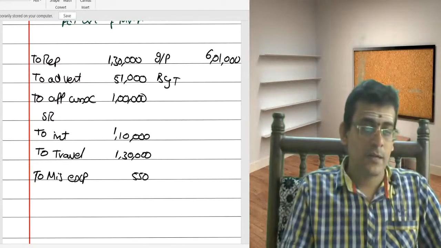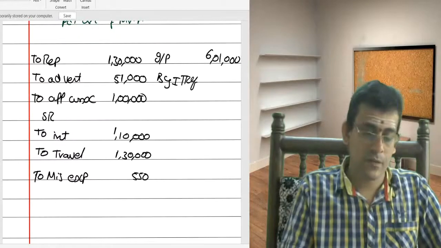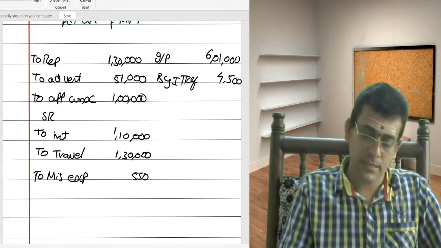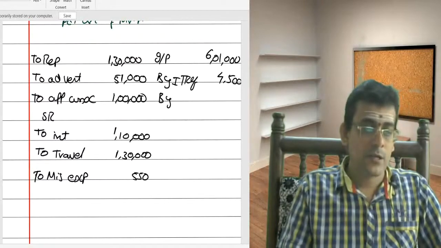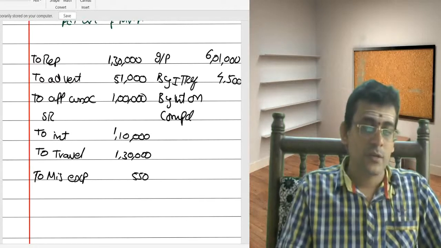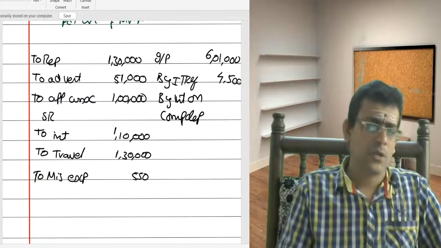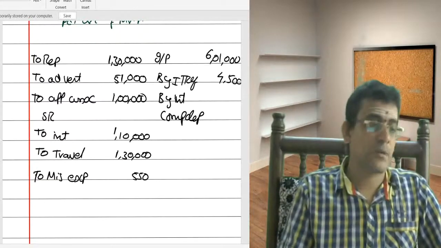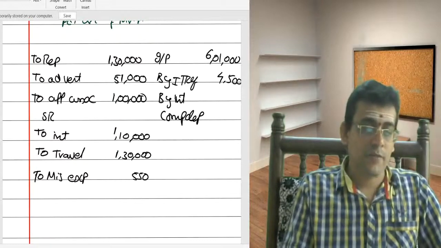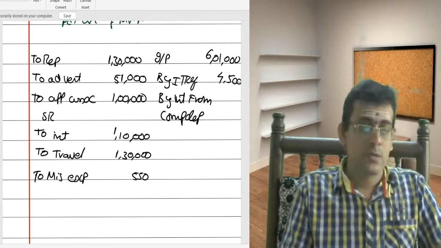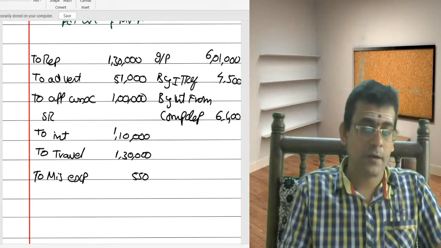By income tax refund, you are getting some income tax refund, 4,500. By interest from company's deposit, you have made some deposit in a company and you are getting interest from that, amounting to 6,400.